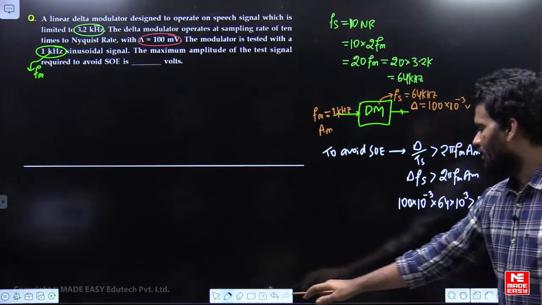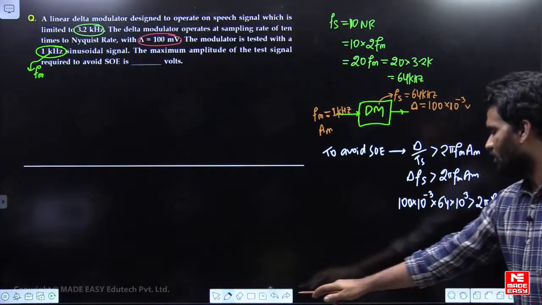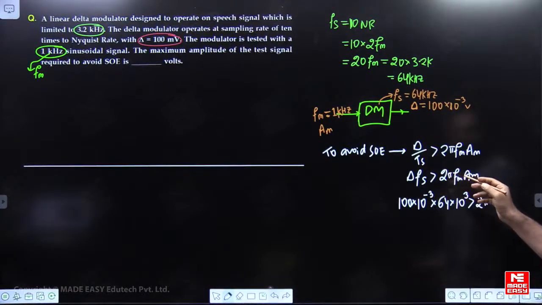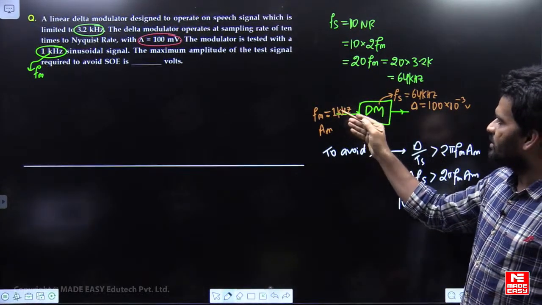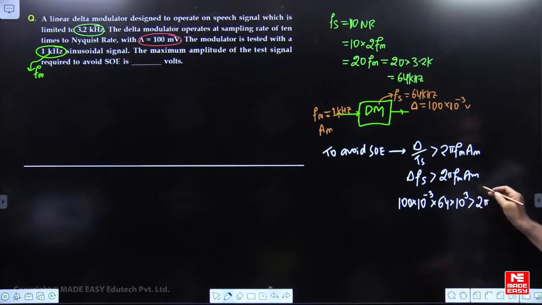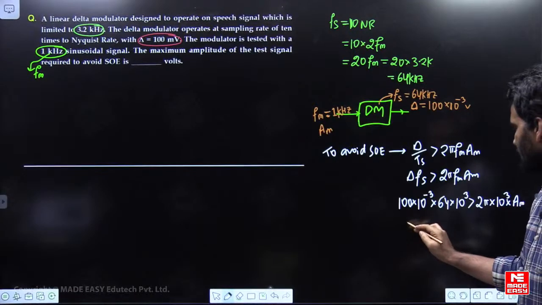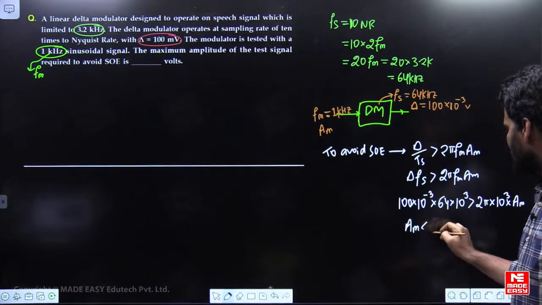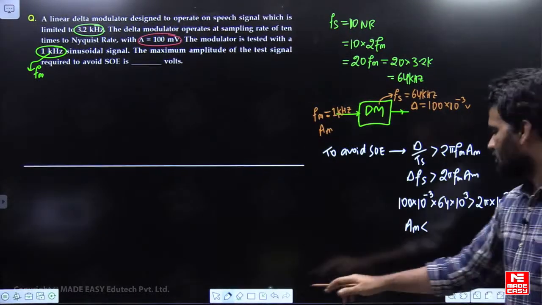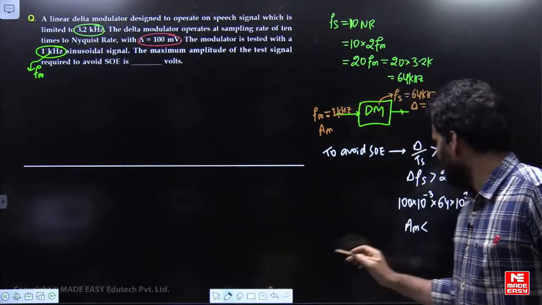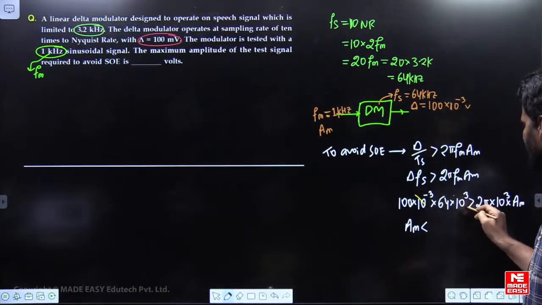This is tested with the sinusoidal signal having frequency 1 kilohertz. So Fm is equal to 1 kilohertz, or 10 power 3, Am. So I can say Am should be less than, this is 10 power minus 3 and 10 power 3 will get cancelled.